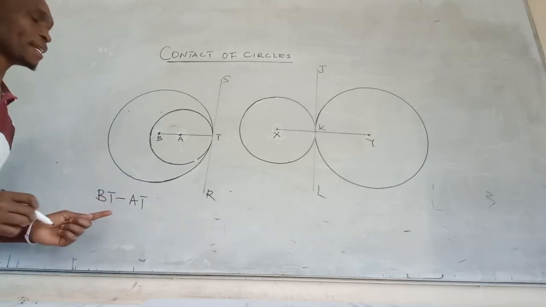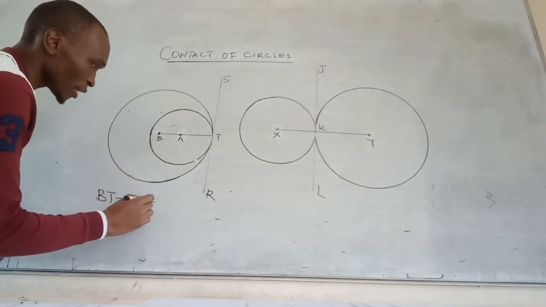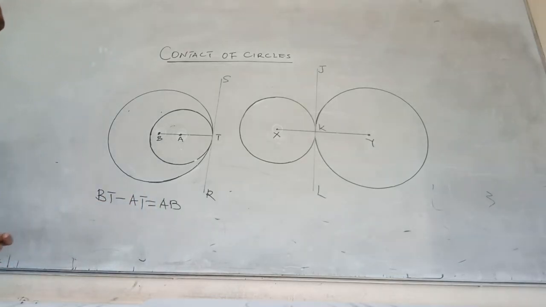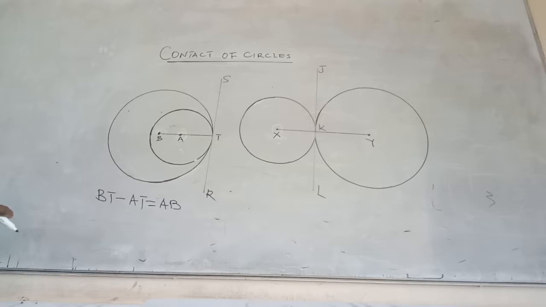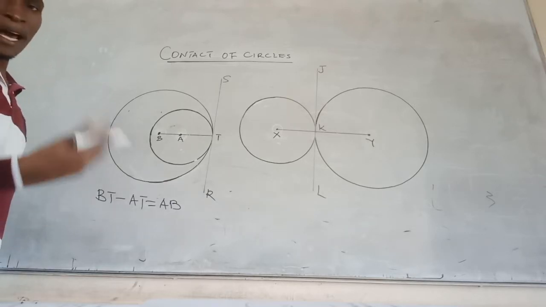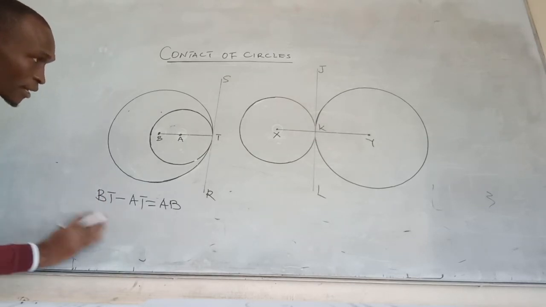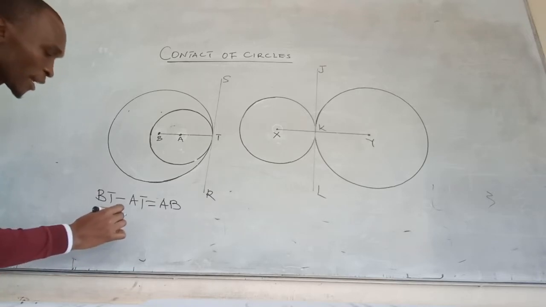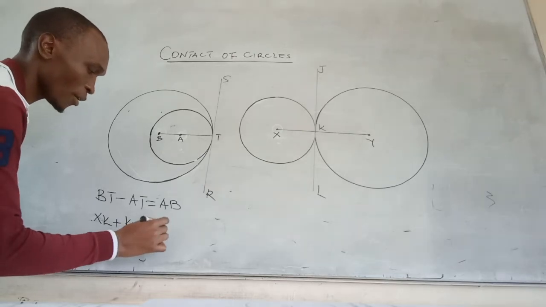This gives us the distance between the centers, which is actually AB. With the second set of circles, the distance between the centers is simply the sum of their radii. Therefore, we can say that XK plus KY equals XY.